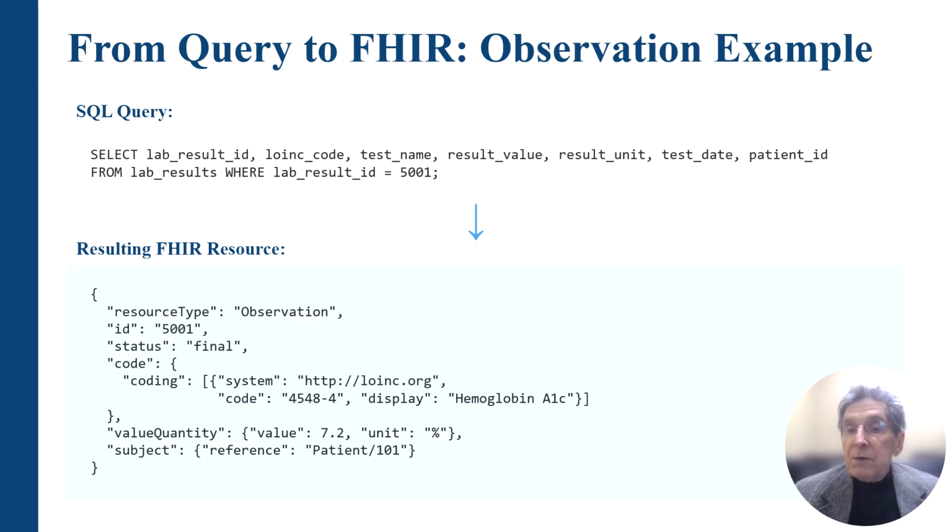Result value becomes valueQuantity.value. And result unit becomes valueQuantity.unit. Patient ID becomes subject reference. Very straightforward. The database design anticipated this transformation, so the columns align with their FHIR elements, and that is what you call standards-aware design.